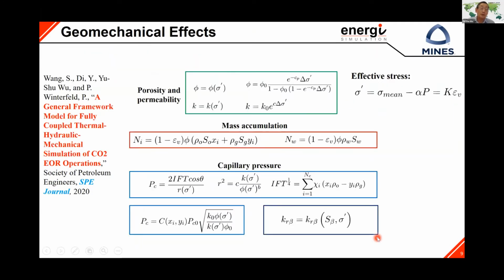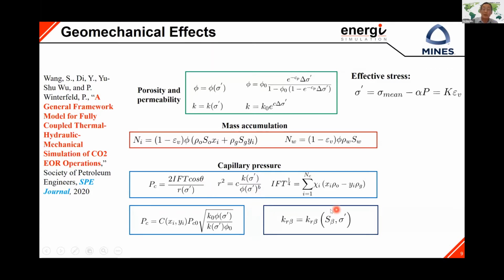For geomechanical coupling, we need additional correlations. Here is a list of some of them. Porosity and absolute permeability are correlated with effective stress, which must be given for a particular application. Also, because of multiphase phenomena, geomechanical coupling changes the pore geometry or fracture aperture, which directly impacts capillary pressure, which must be given.